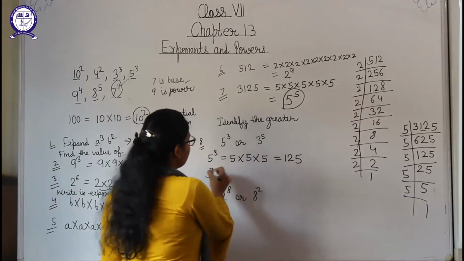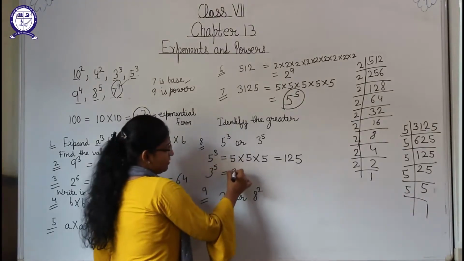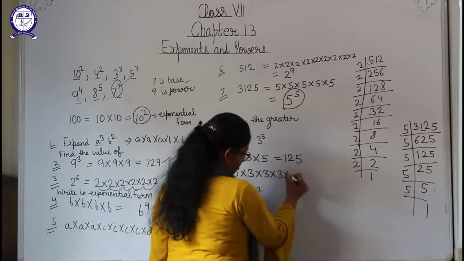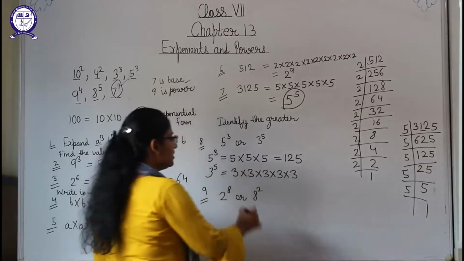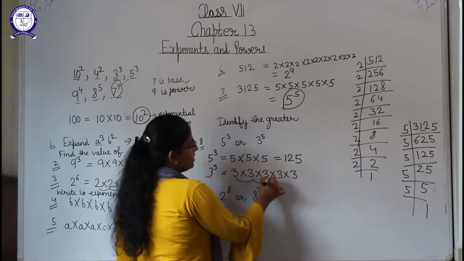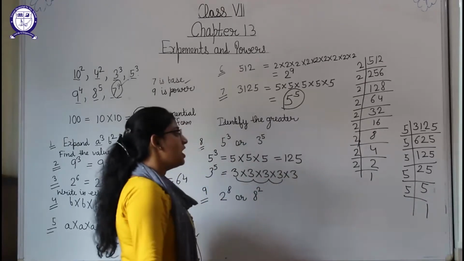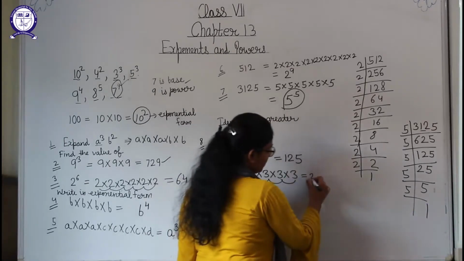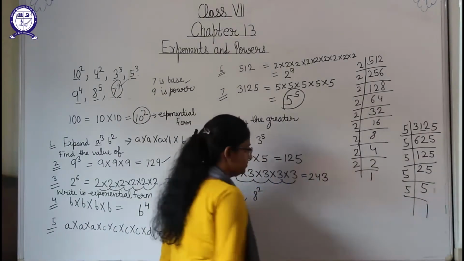And then we will find the value of 3 raised to the power 5. So here, 3 into 3 into 3 into 3 into 3, 5 times. 3 threes are 9, 9 threes are 27, 27 threes are 81, and 81 threes are 243.